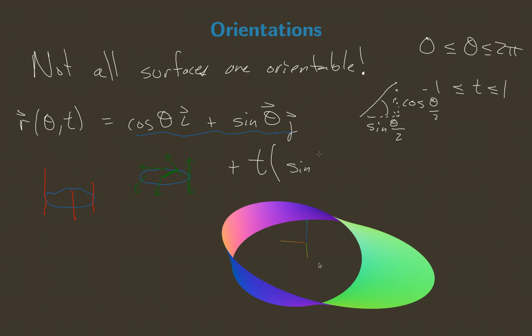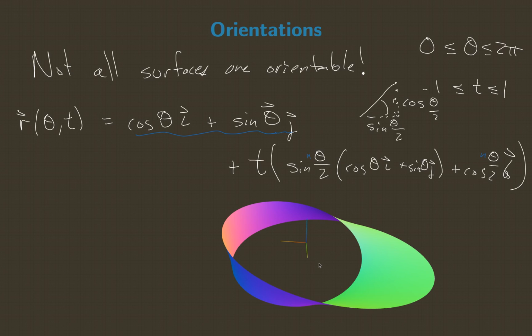So we'll have sine theta over 2 times this thing, cos theta i plus sine theta j, and then cos theta over 2 k. If you wanted a band that did many twists, you could add an n variable here, and that would make it twist n times.